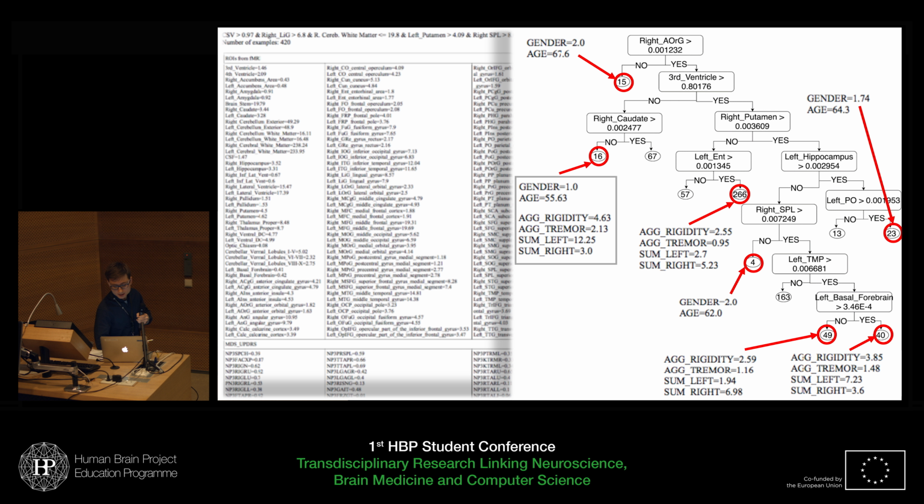We can also see other things like, for example, some patients are more rigid. Others have the disease manifest more in tremors, so they are shaking. For example, some groups of patients are much more rigid, while others have tremors. So if you have any questions, please don't hesitate to come to my poster and ask. Thank you for your attention.